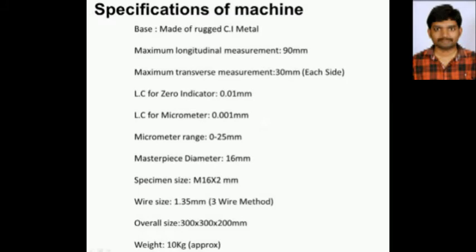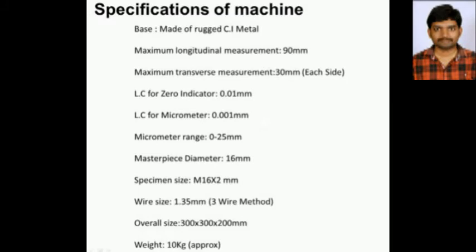And the least count for the zero each indicator is 0.01 mm, and the least count for the micrometer is 0.001 mm, and the micrometer range is 0 to 25 mm. The masterpiece diameter is 16 mm.